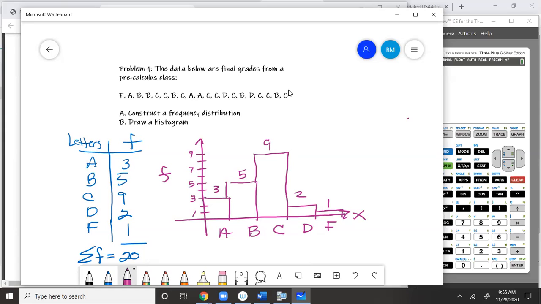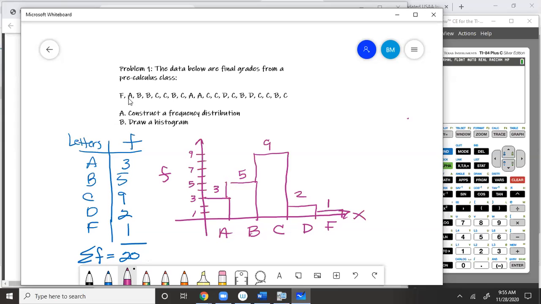So the first thing we're going to do is construct a frequency distribution. So we're going to put all the letters that are represented in the data in one column, and in the second column we're going to list the number of times they appear in our distribution.